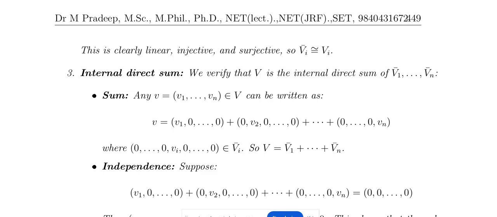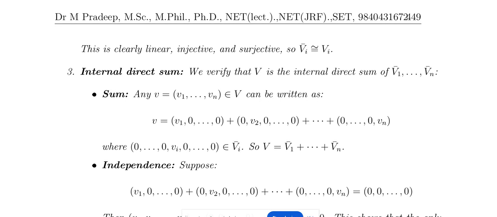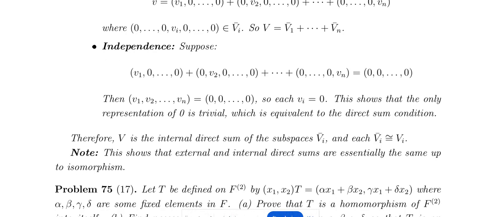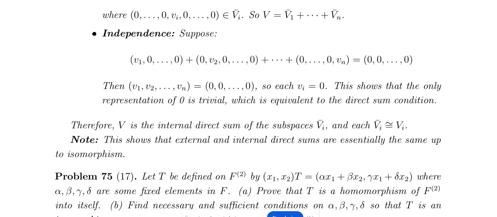Then V equals V1 bar, V2 bar, V3 bar, and Vn bar. That is the idea. Now its independence is equivalent to: if 0 equals V1 plus V2 plus ... plus Vn, then each Vi equals 0. So the only representation of 0 is trivial, which is equivalent to the direct sum condition, that is, the internal direct sum of the subspaces.